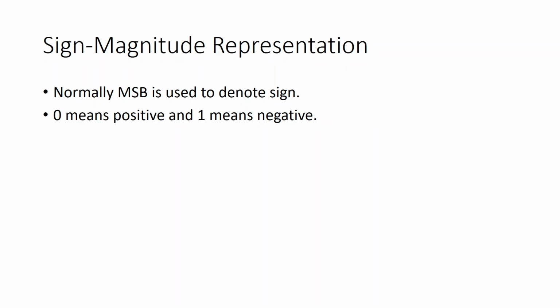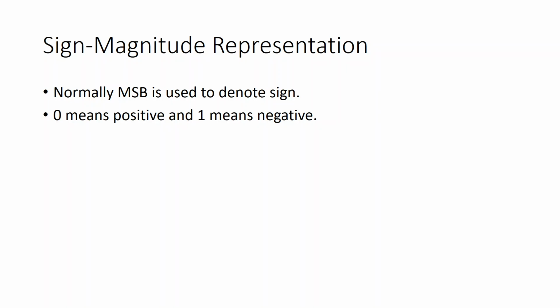The first representation of signed numbers is called the sign magnitude representation, which is a very straightforward representation where we use the MSB, the most significant bit, to denote the sign.